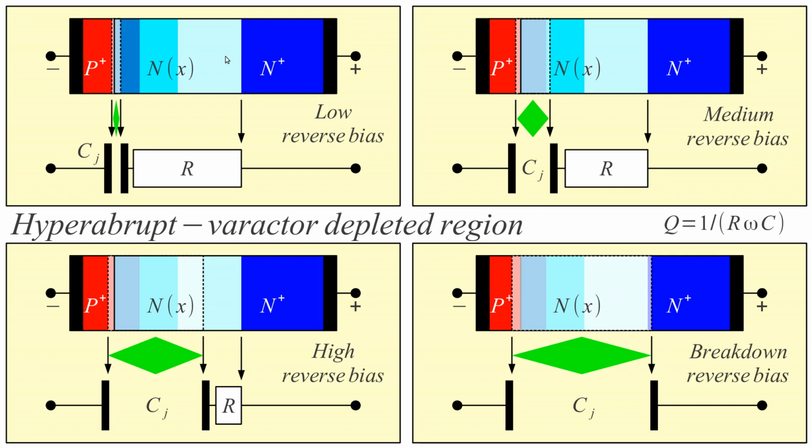In the next picture, of course, it's not plotted to scale. We have a highly doped P region and quite demanding doping of the N region here. The depletion region at low voltages extends mainly in this slightly higher doped N region, in the darker blue here. As we increase the reverse voltage, the depletion region extends into both semiconductors, the P semiconductor and the N semiconductor.